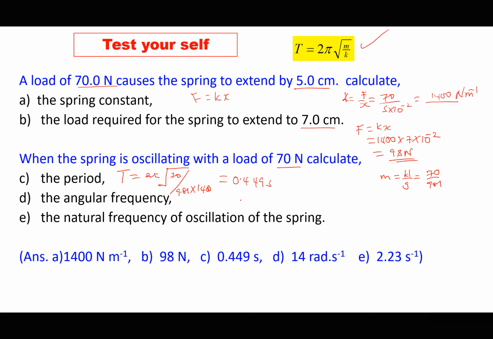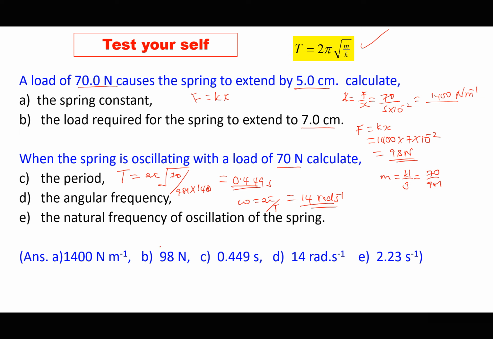Then the angular frequency, of course, we know that omega is 2 pi divided by T. So I just divide 2 pi by 0.449. And this is giving me 14 radians per second.